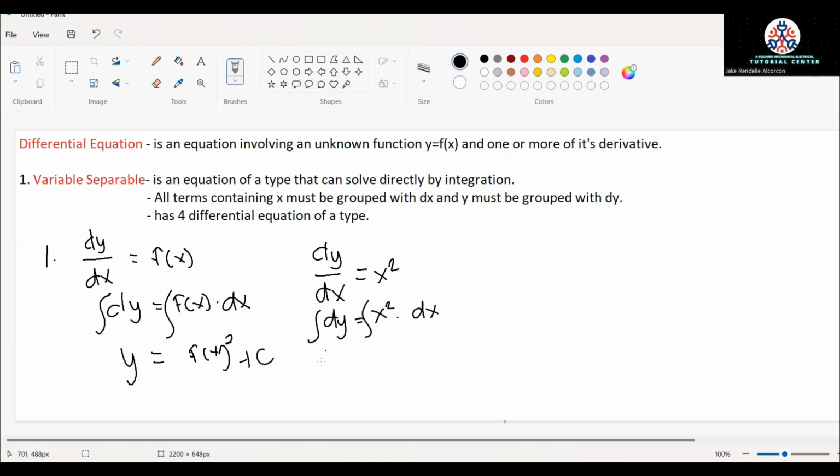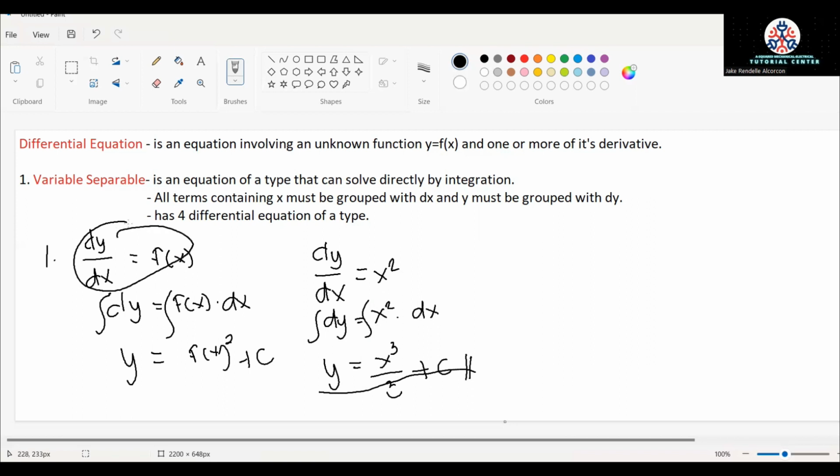The integral of dy is y, and the integral of x squared is x cubed over 3 plus c. Therefore, this solution is called a general solution. This is the first differential equation type.